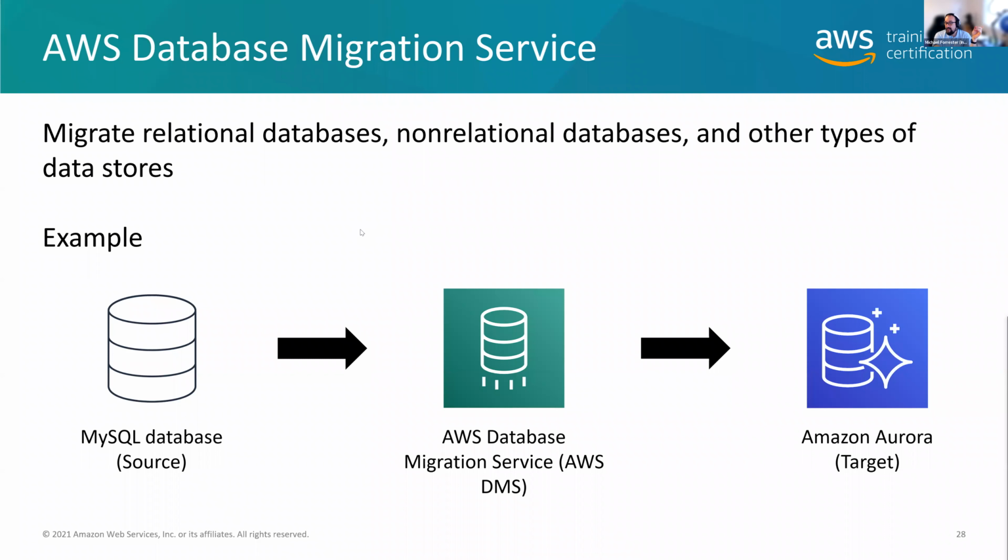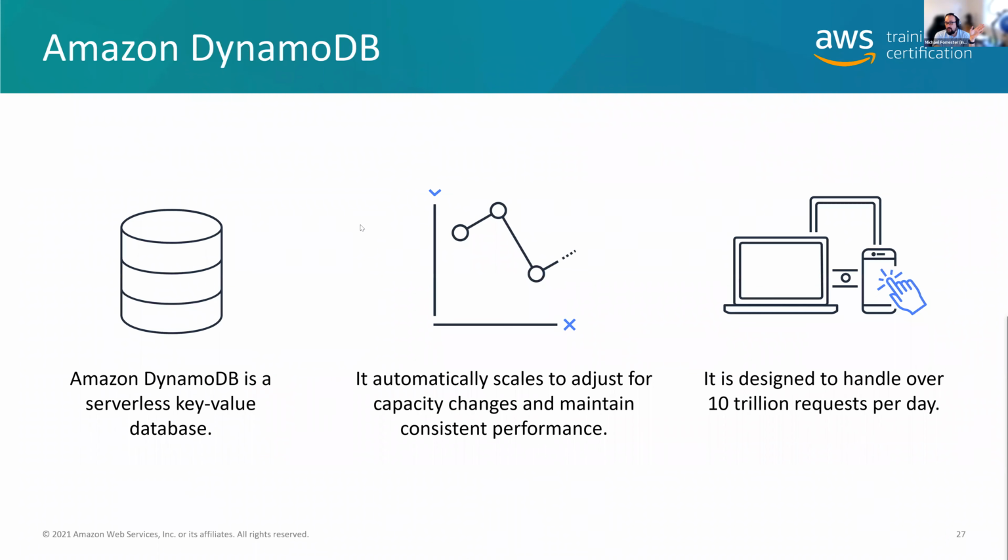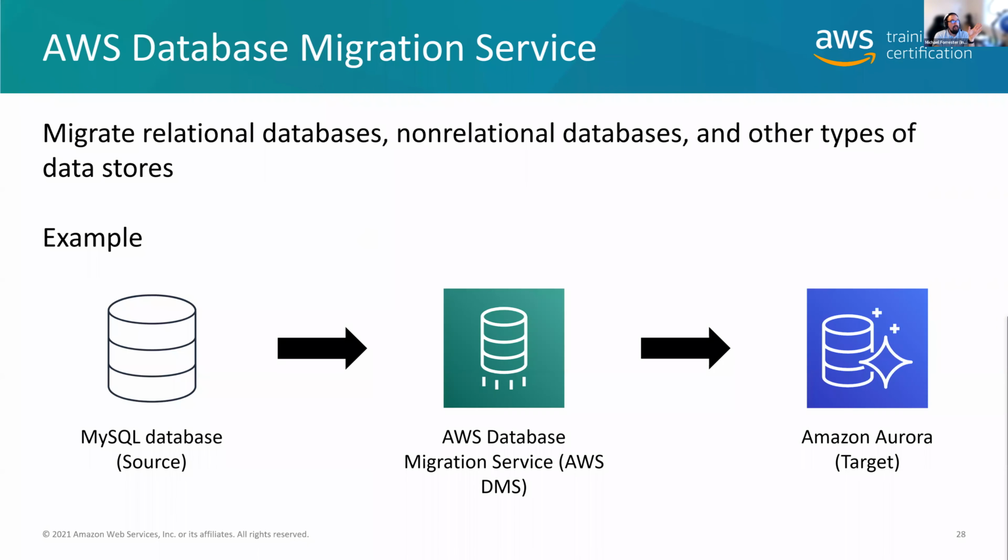In addition to having this awesome NoSQL service that works really simply, they do actually have a database migration service. So if you're looking for someone to help you with your migration process, there's a server migration service, there's an application discovery service, there's a data center migration service, there's a database migration service.